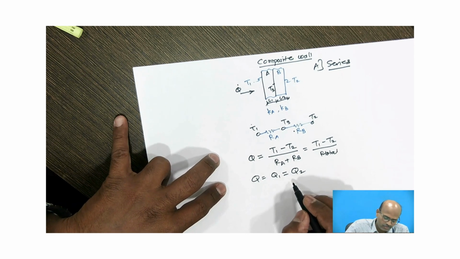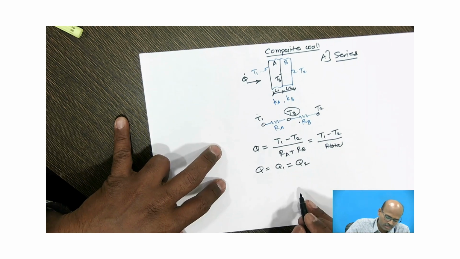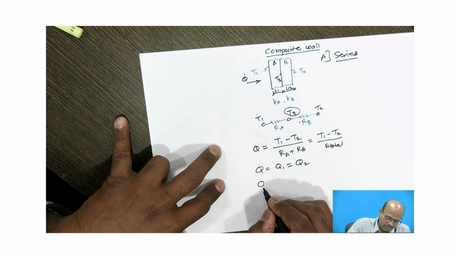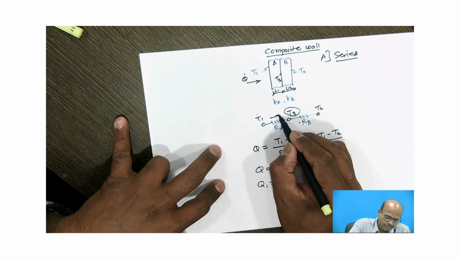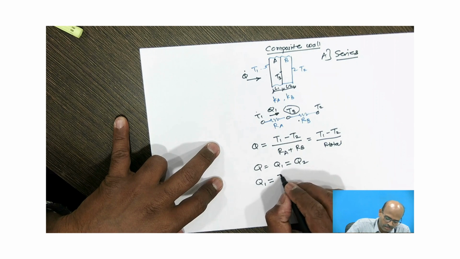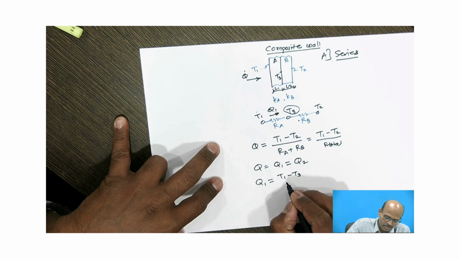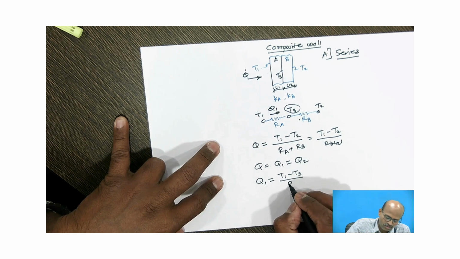Means if you want to find the interface temperature, that is T3, then we can write the Fourier's law of heat conduction like Q1 is equal to, Q1 is flowing through the first wall, so that is between T1 and T3. So I can write T1 minus T3 divided by, now which resistance will come? Yes, it is only Ra.